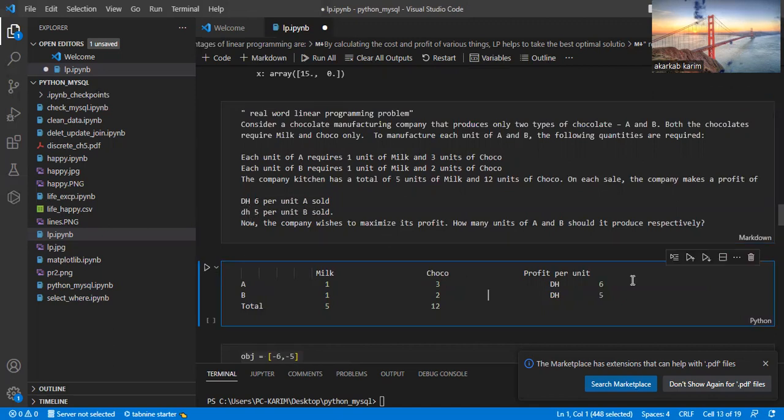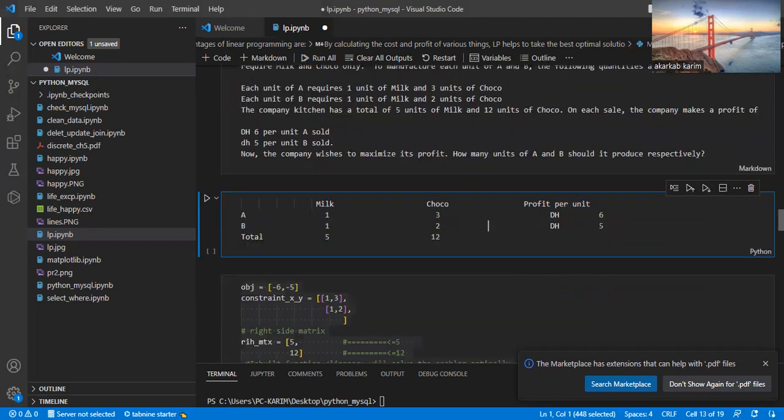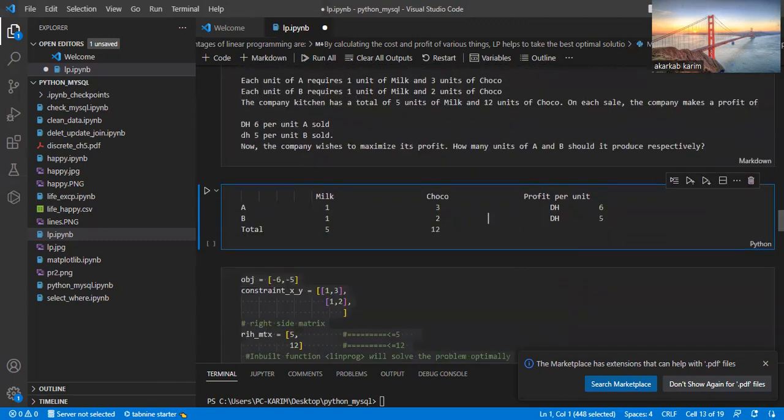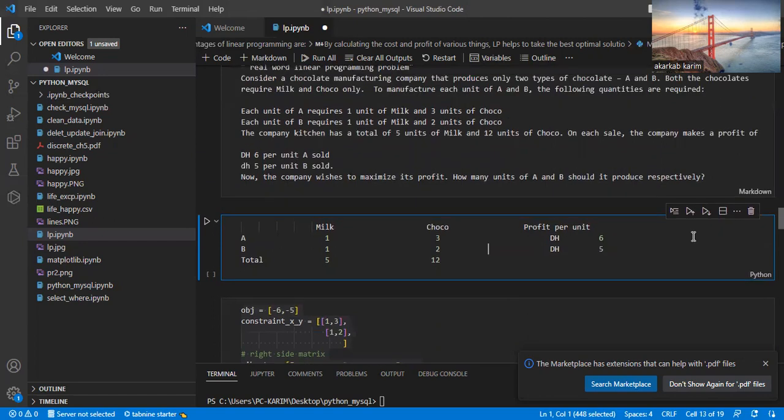So here in this table, I will model this problem. Here we have A. To produce chocolate A, we need 1 unit of milk and 3 units of chocolate. And the price for each unit of type A chocolate is 6 dirham.